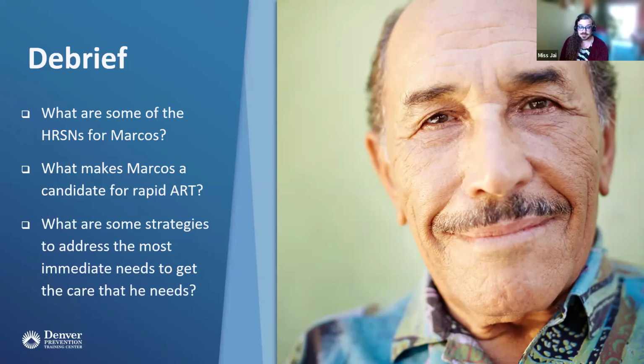A fixed income, a lack of understanding of health insurance, specifically the Medicare insurance that Marcos has, and ongoing concerns for intimate partner violence and potentially losing housing.